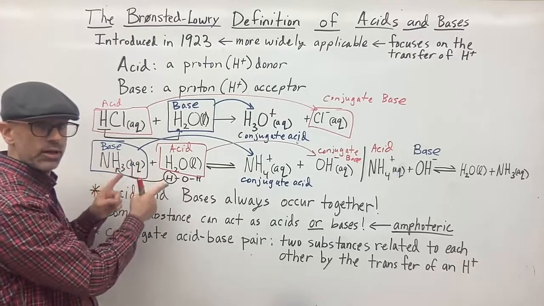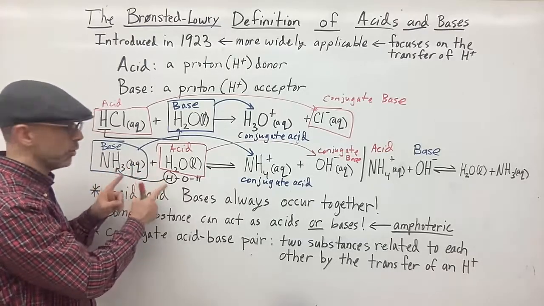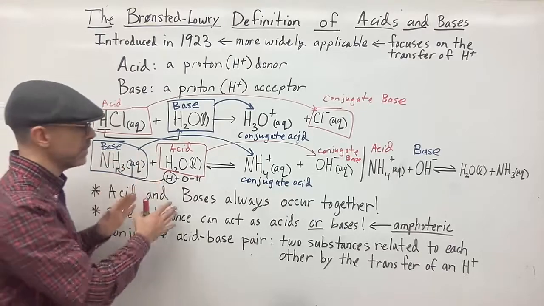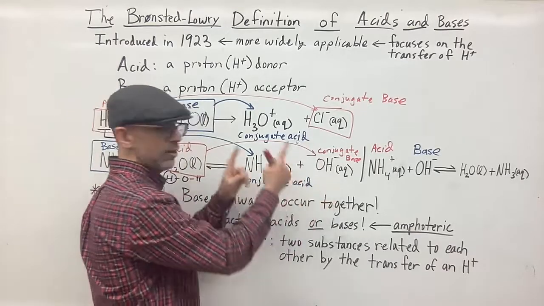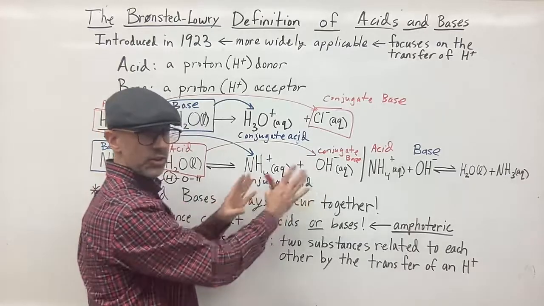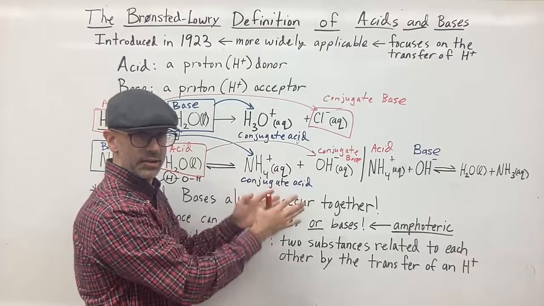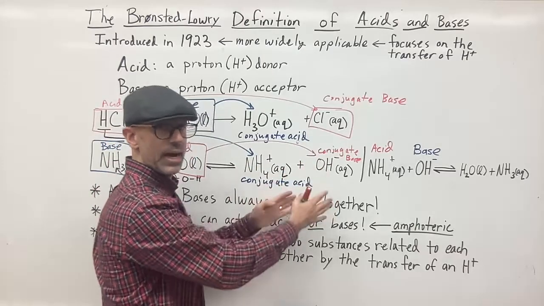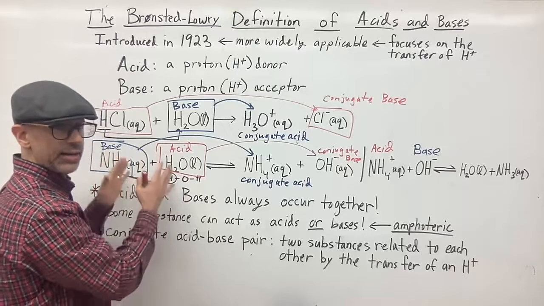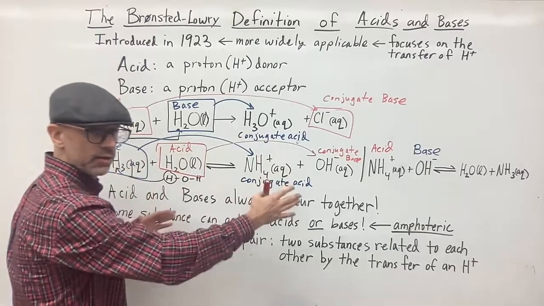We never want to call these conjugate acids and bases. We want to call these the acid and base because they're on the reactant side. Whatever's on the product side, those are what we're referring to as the conjugate acid and conjugate base. So conjugate acid and conjugate base are on the product side, not on the reactant side. Acid and base are on the reactant side, not on the product side.